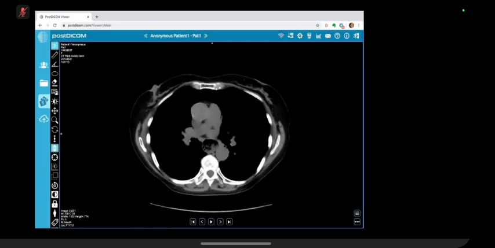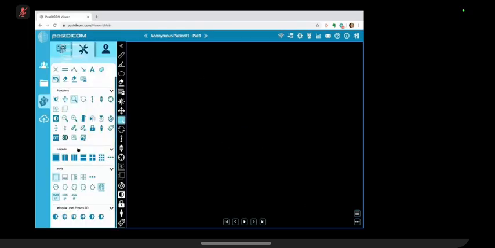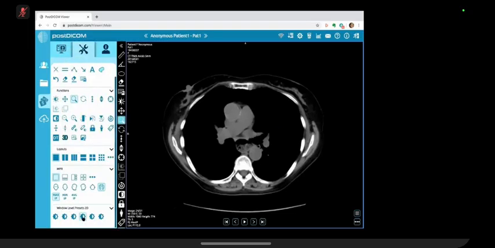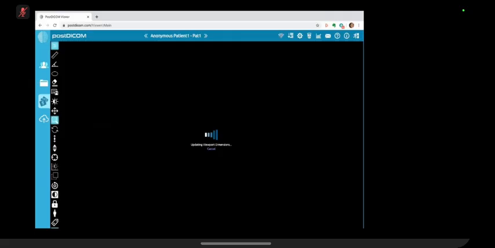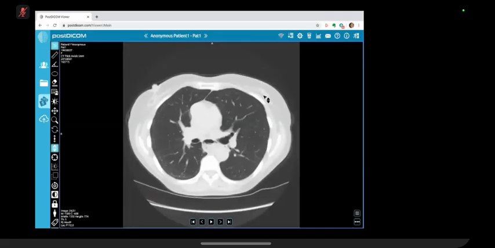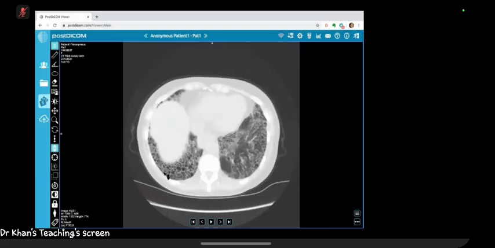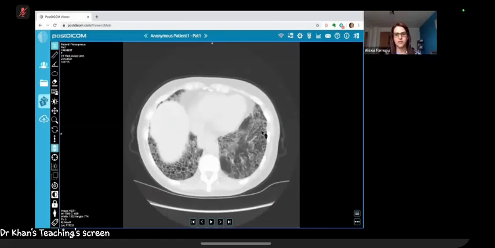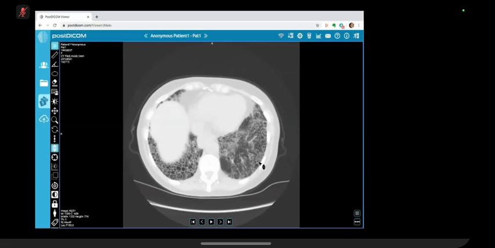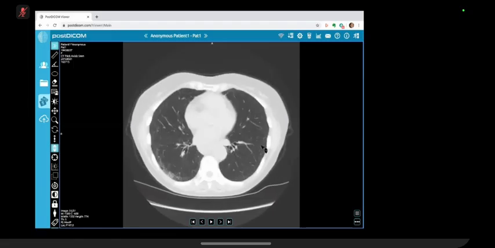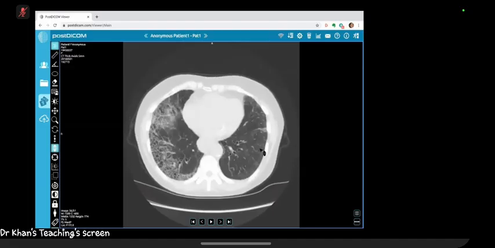On lung window, there are bilateral lower lobes with a honeycombing pattern, mainly with the apicobasal gradient, and there's probably some suggestion of secondary bronchial dilatation, especially in the medial aspect.